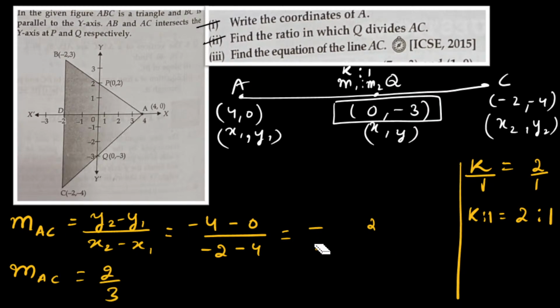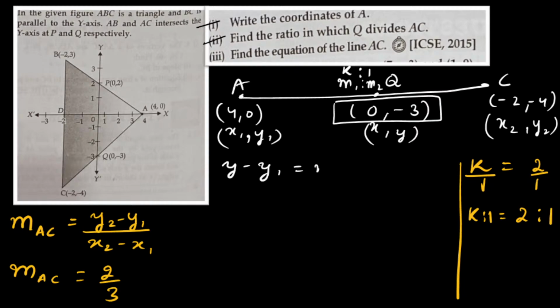So slope we got it. Now we can use point form and we can write the equation. So y minus y1 is equals to m into x minus x1. So y minus y1 is 0. I can use same because AC's equation I am finding. So I can use the coordinates of A as x1, y1.